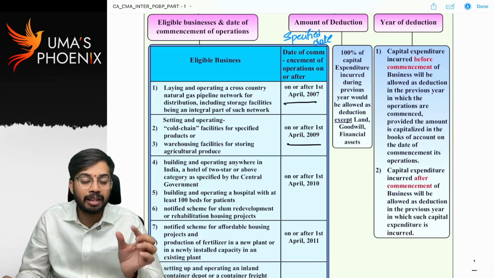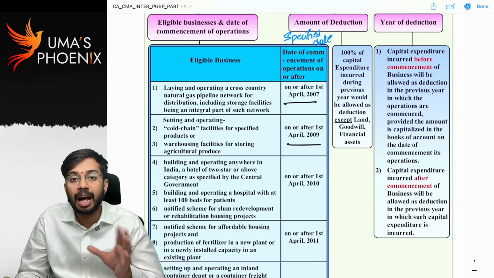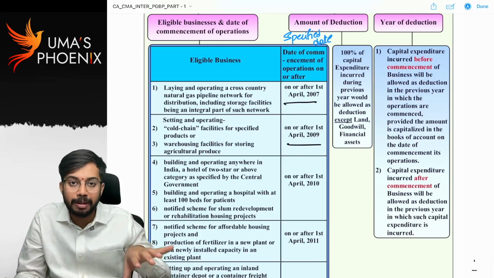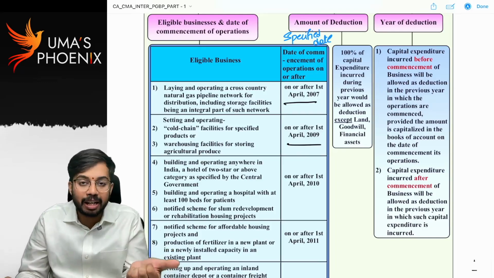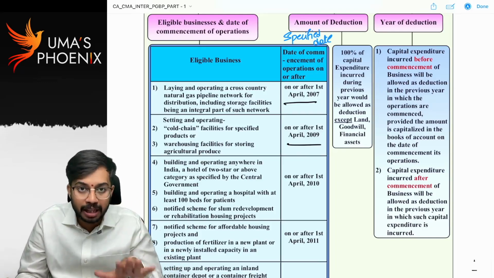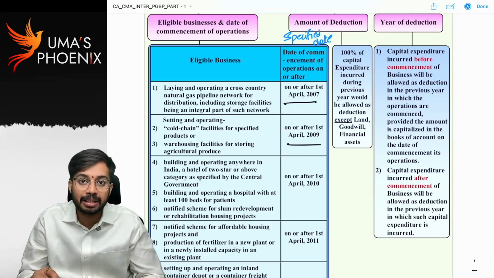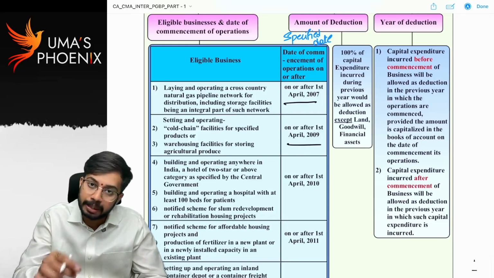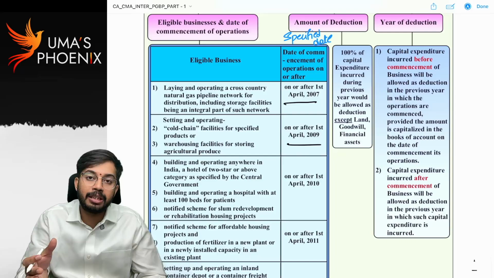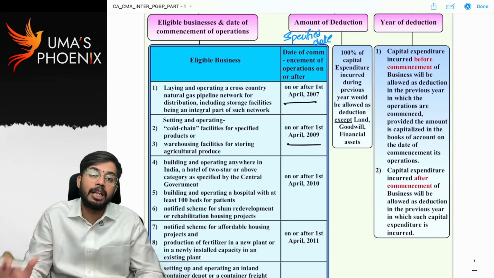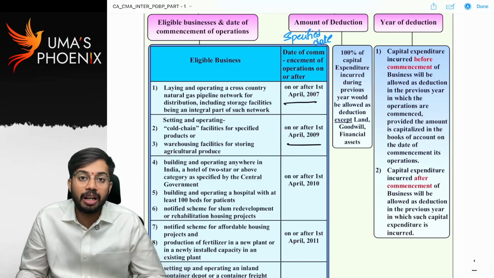Just like scientific research expenditure, whatever the capital expenditure is there, for normal businesses, only for scientific research, whatever the capital expenditure incurred is there, that is allowed as deduction. But for specified businesses, not only for scientific research purpose, for any purpose with regard to specified business, if any capital expenditure is incurred, 100% of the capital expenditure is allowed as deduction under the head PGBP.